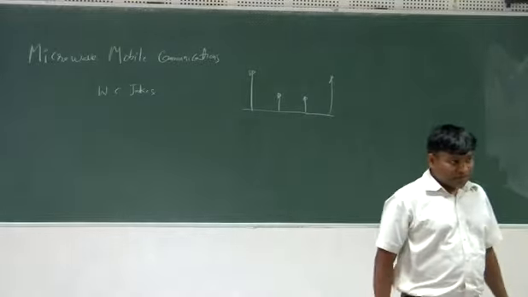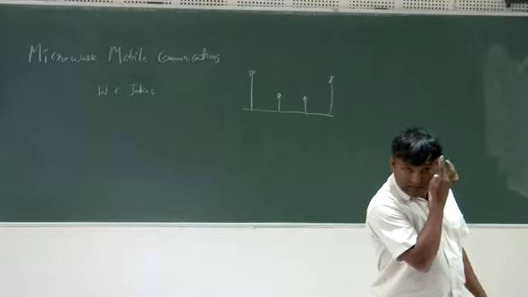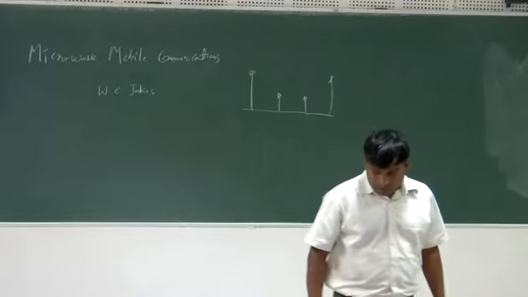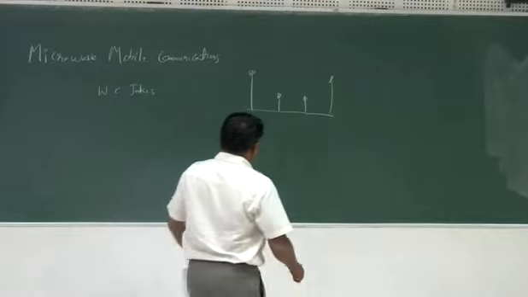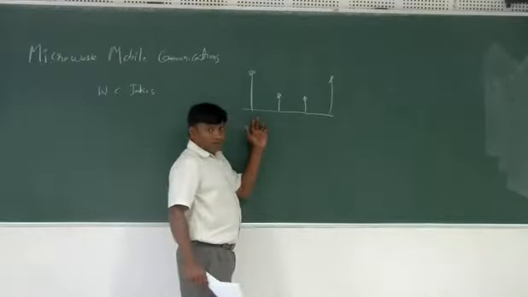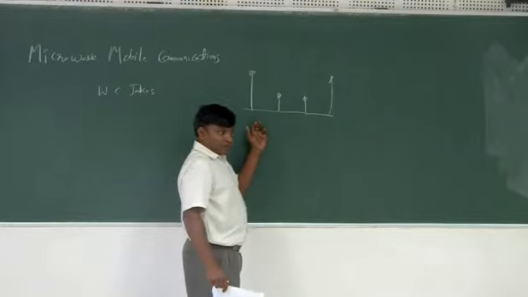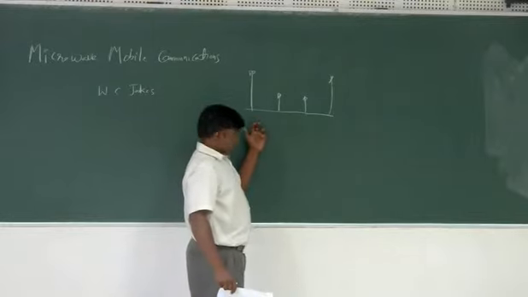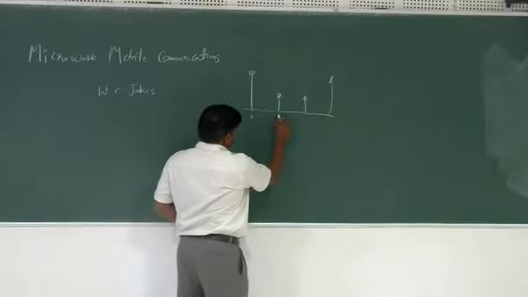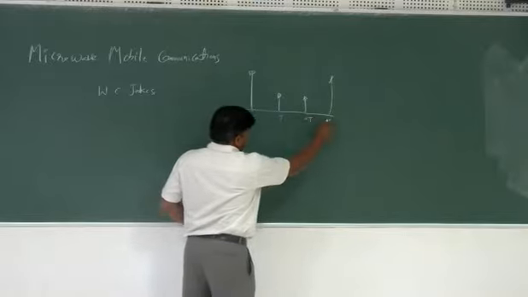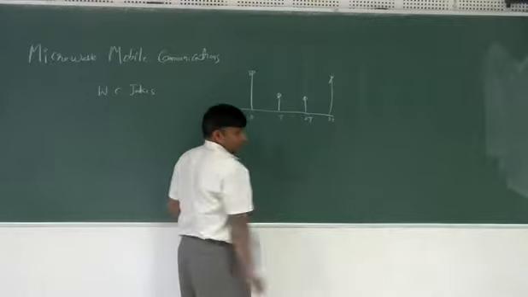These are multiples of capital T because the system is operating at a sample rate, which starts with 0, then T, and so on.